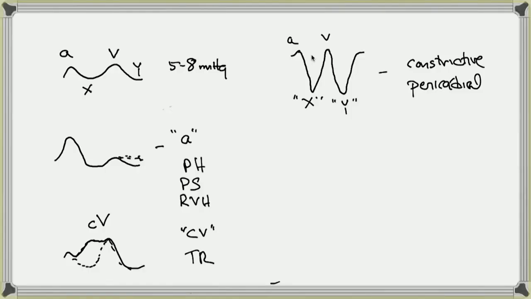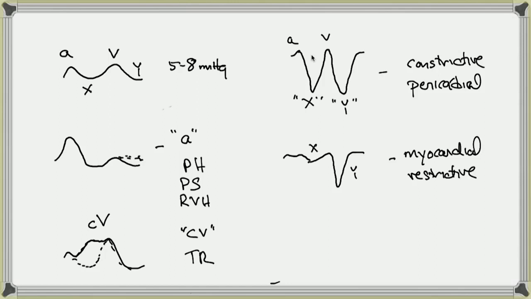Then you've got patients who have a blunted X descent and a rapid Y descent. This is the group of patients that Steve talked about in the first part of the course, which is myocardial restrictive disease. A patient maybe with amyloidosis, or a patient with idiopathic restrictive cardiomyopathy.